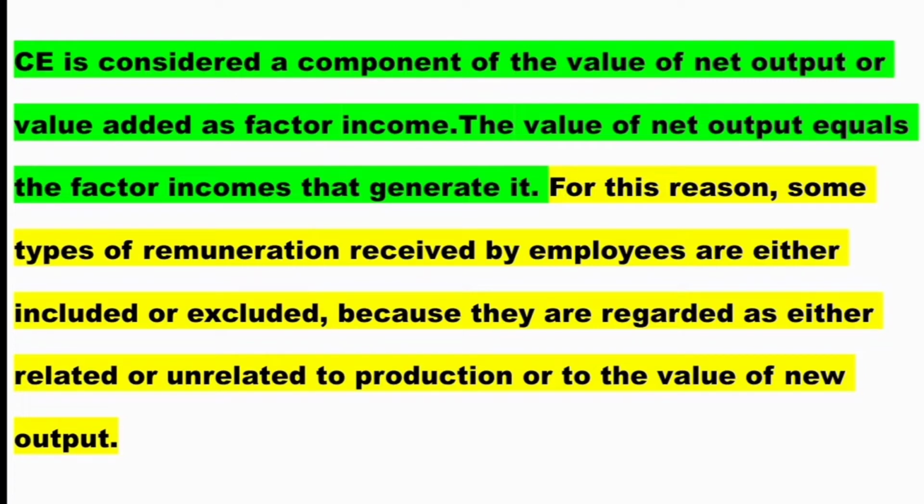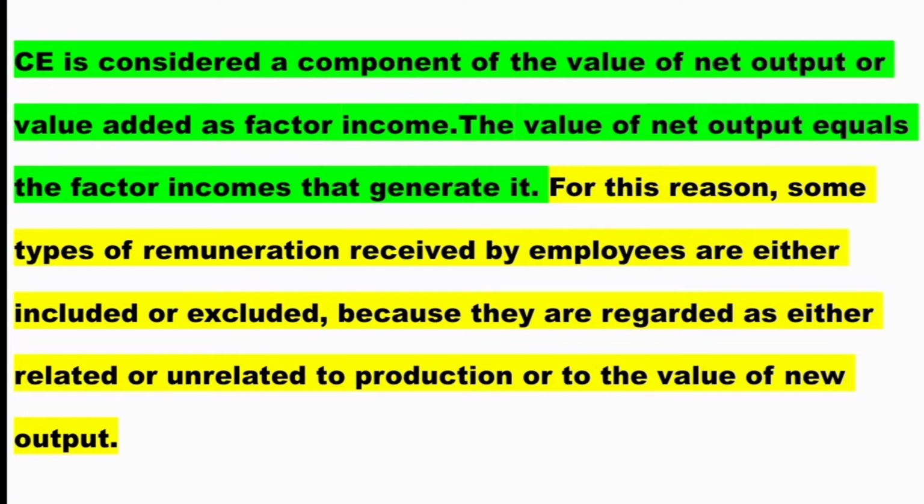And we can prove that when national income is calculated through the income method as total factor income, as the net value of output, that is the value of all the goods and services produced in the country, and through the expenditure method, that is the total expenditure generated in the country, we get the same value as national income.